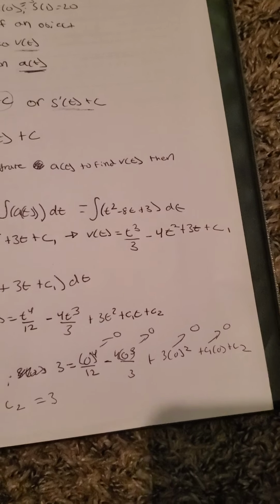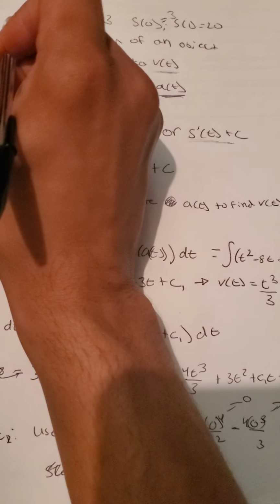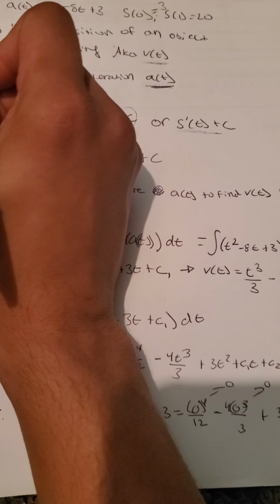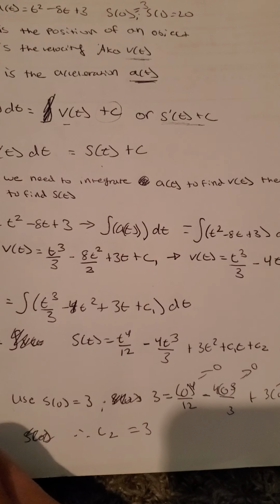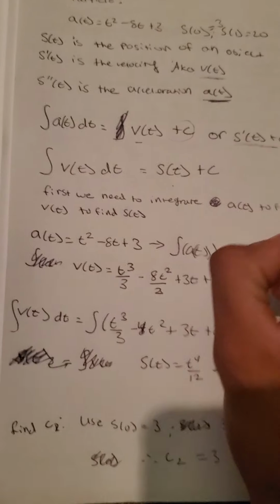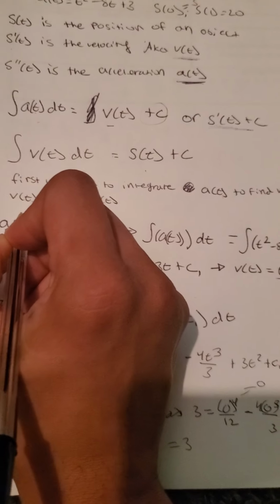So, we're trying to go from a of t to s of t. To do that, we need to integrate the function a of t, and then integrate the function v of t.